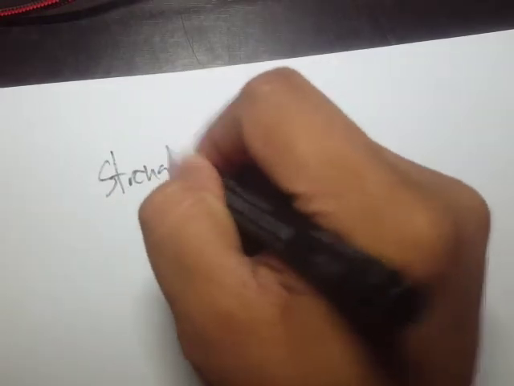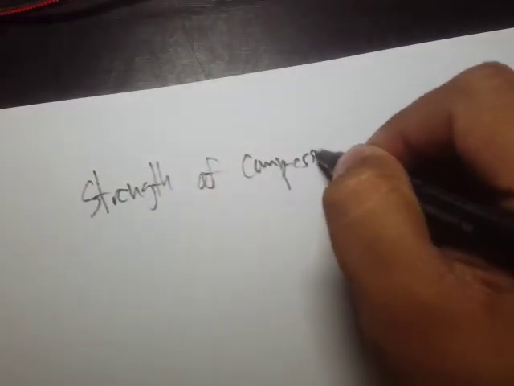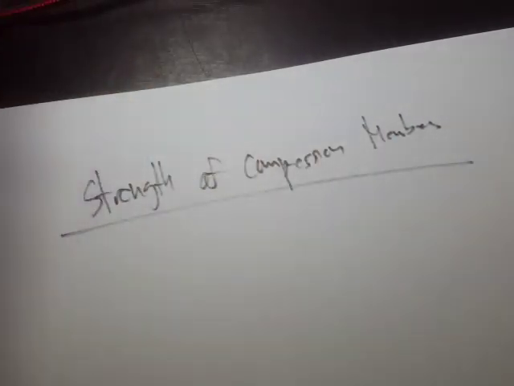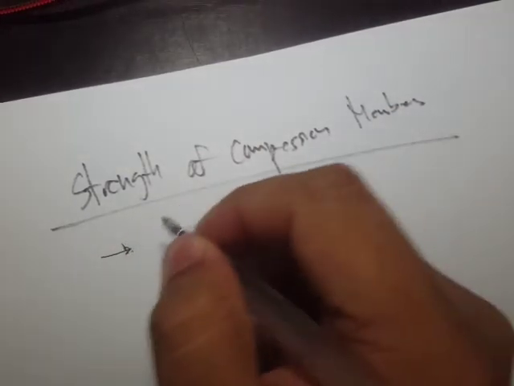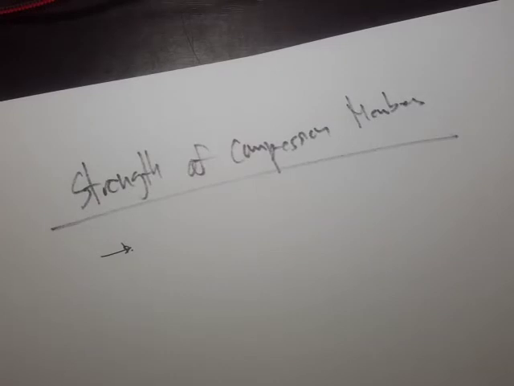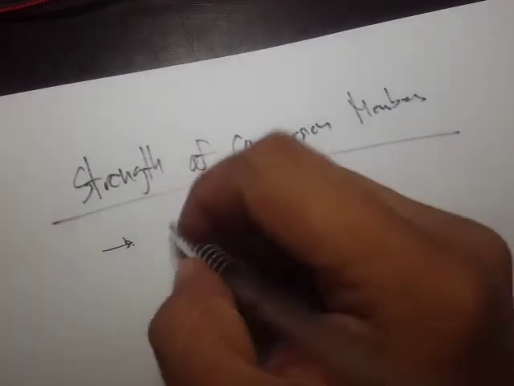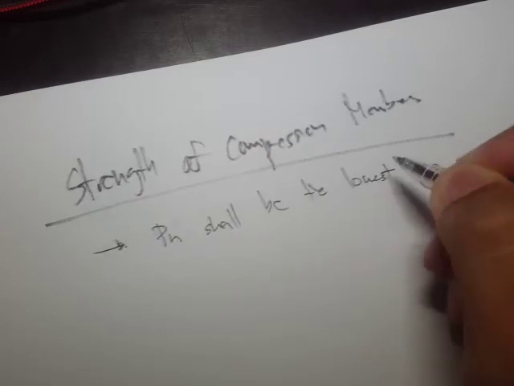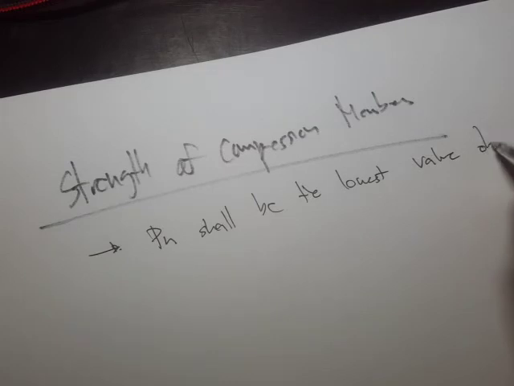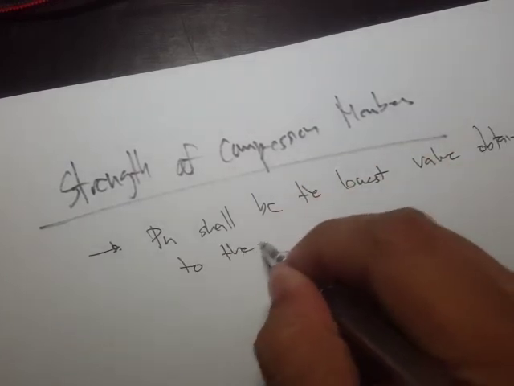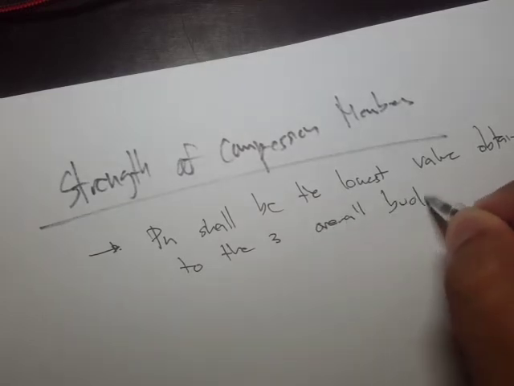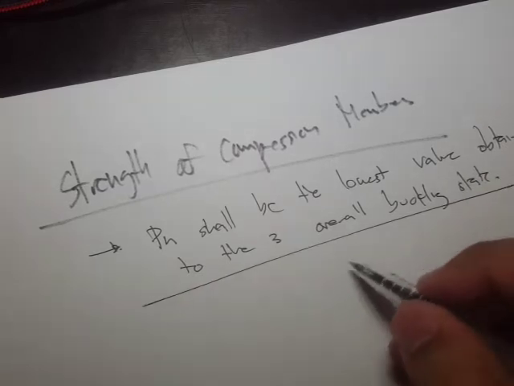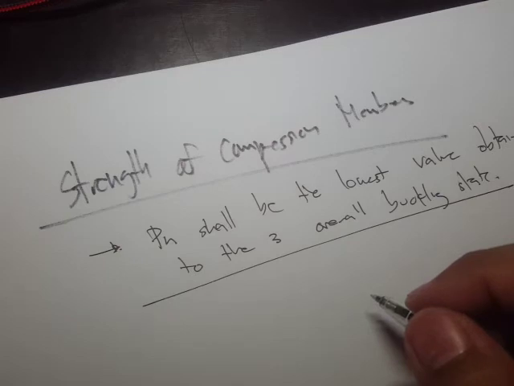The code says that the nominal compressive strength, Pn, shall be the lowest value obtained according to the three overall buckling states. Recall we have flexural buckling, torsional buckling, and flexural-torsional buckling.